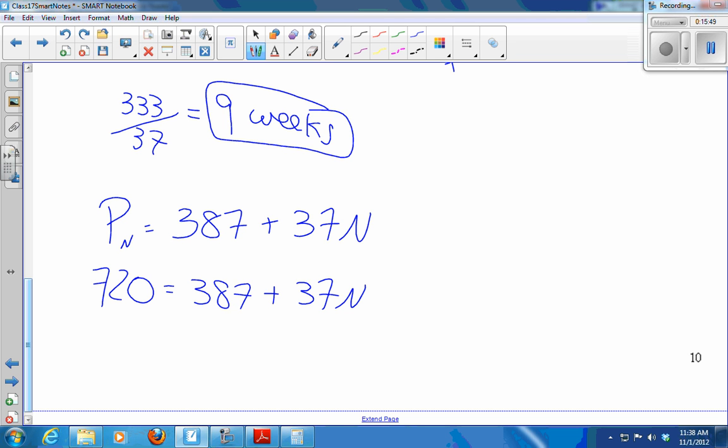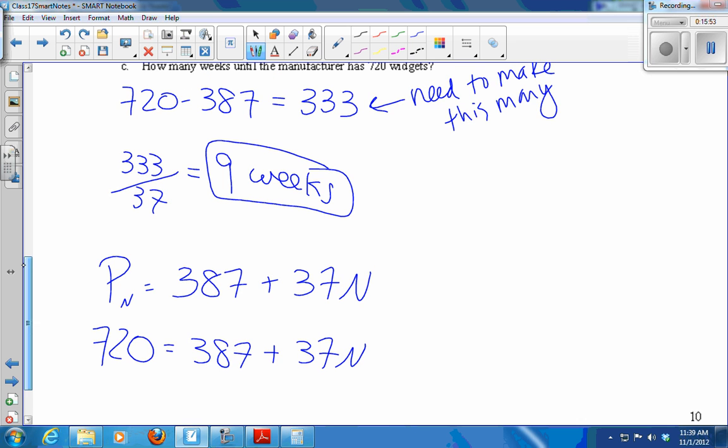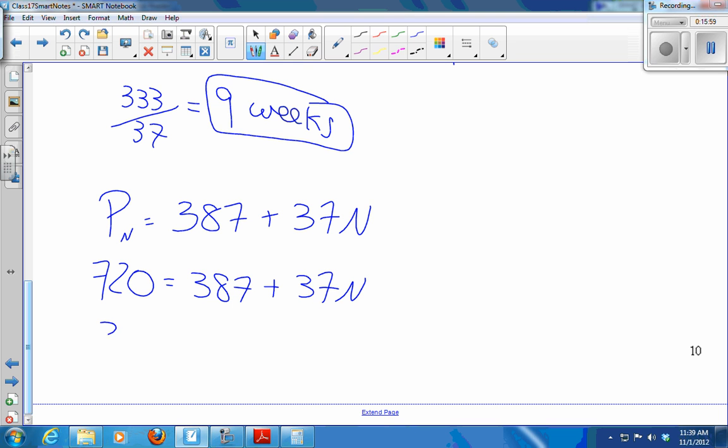The first thing I would do is 720 minus 387, which is the first thing I did up here when I was just thinking it through logically. So 720 minus 387 gives me 333. And then I would divide both sides by 37, which is the second step I did up here when I was just trying to think it through logically.